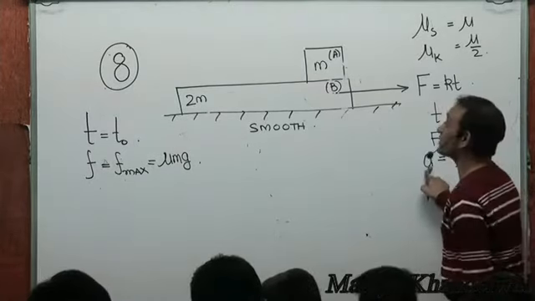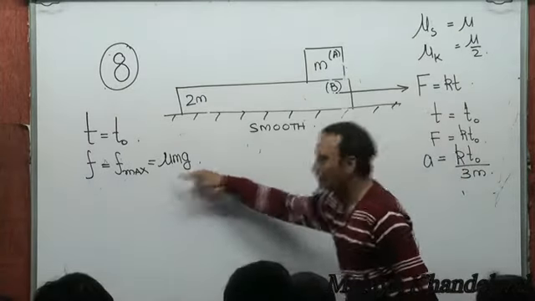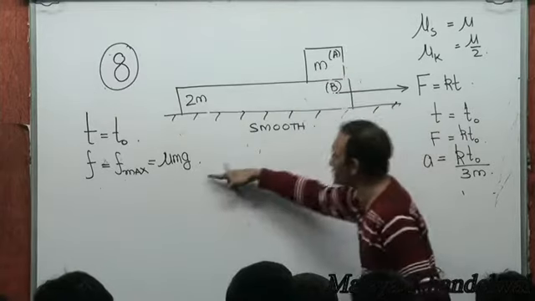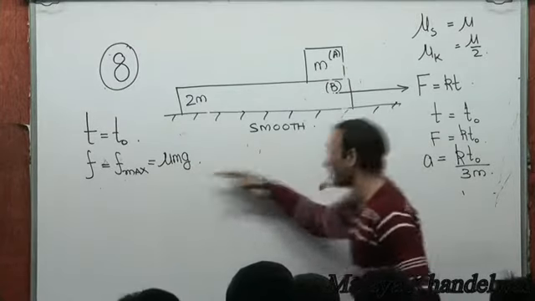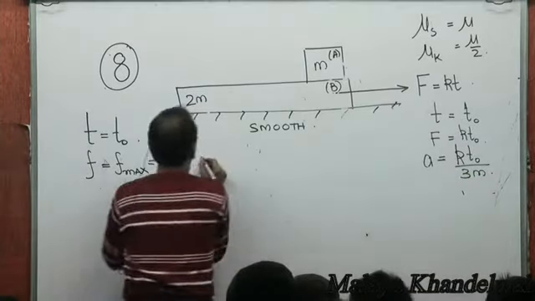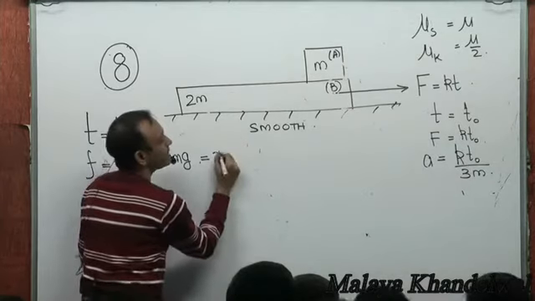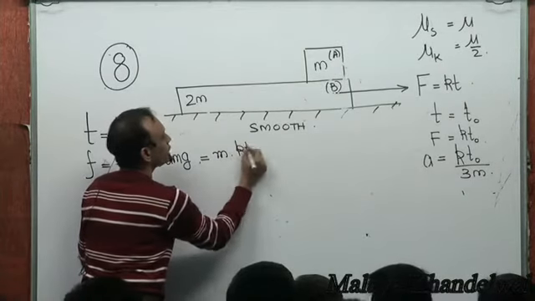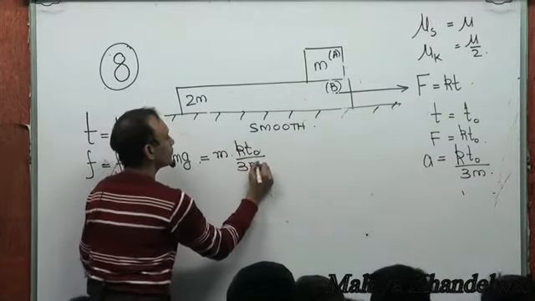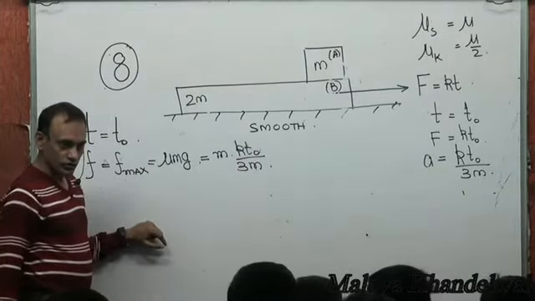This acceleration is supported by friction. The friction that B exerts on A at this instant will be mu mg, maximum static, and will support this acceleration of A. That means m into the acceleration of A is m into kt naught by 3m. Yes or no?